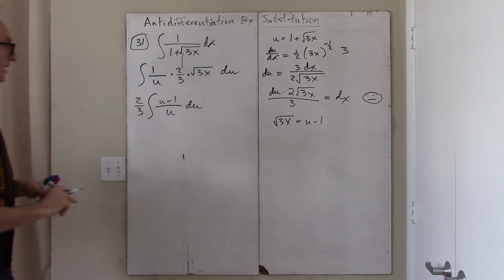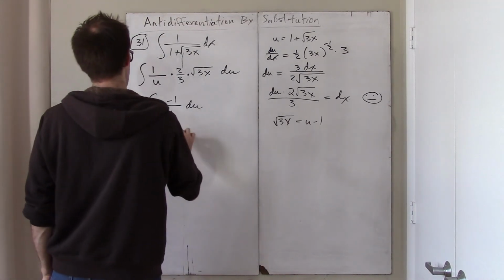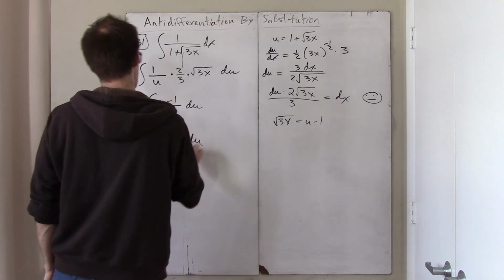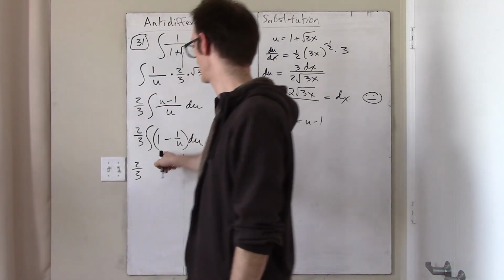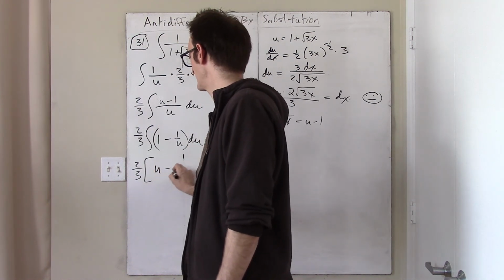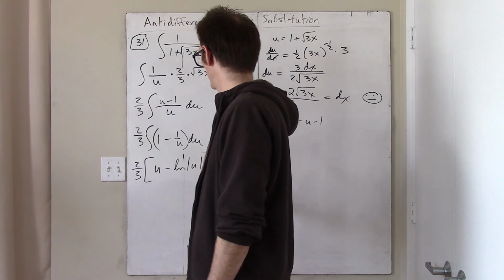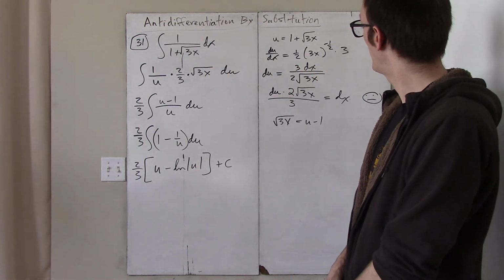Let's go. This is 2/3 times the antiderivative of 1 minus 1 over u du. In other words, 2/3 times u minus ln absolute value u plus c. And what is u?